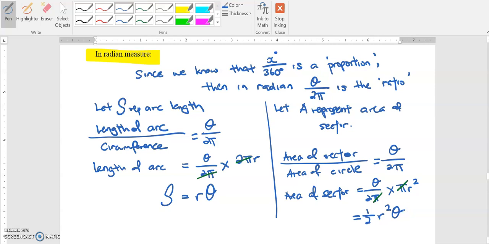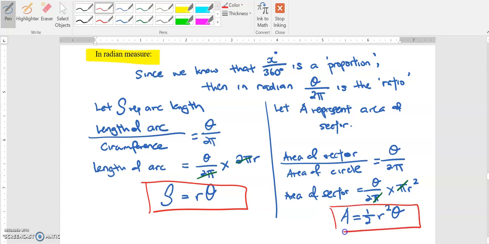What have I been doing the last 2-3 minutes? Essentially, I've done a manipulation to show you that in order to calculate length of arc in radians, I can use the radian ratio and multiply it with the circumference or the area and come up with this formula for arc length and this formula for area.